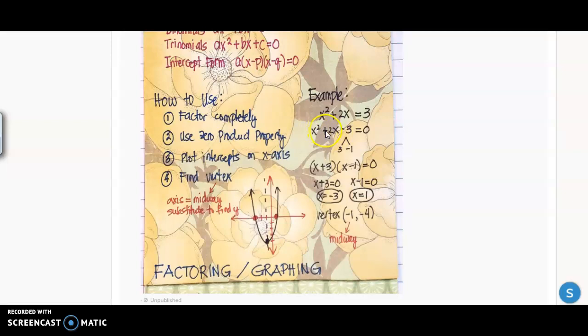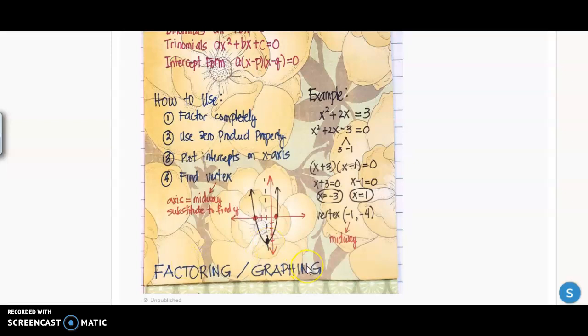So 1 minus 2 is -1, and then -1 minus 3, so that will give you -4. You're going to plug it in here in the standard form of the equation. So now we have found the vertex.